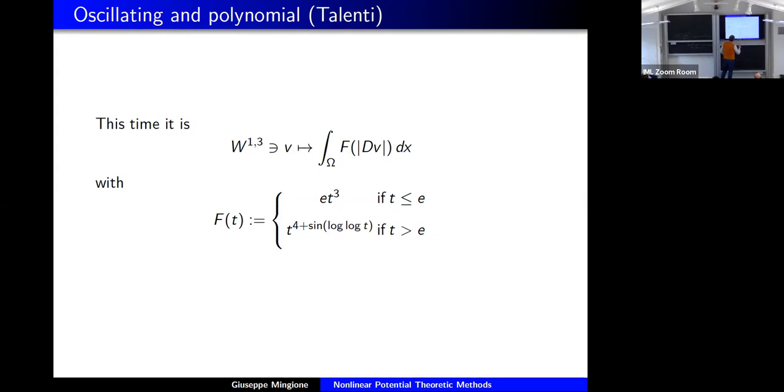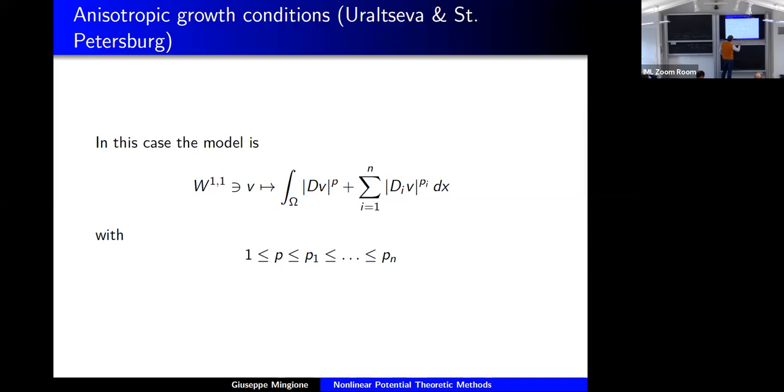You have different powers with respect to growth. You have the classical anisotropic case, which comes along in elasticity, where there are different directions in reinforced material. So you stiffen a material in a certain direction, and then you feel a different hardening exponent in that direction, but not in the other. These are typical examples. They were first considered by Uraltseva in a forgotten paper many years ago, and then we rediscovered them.